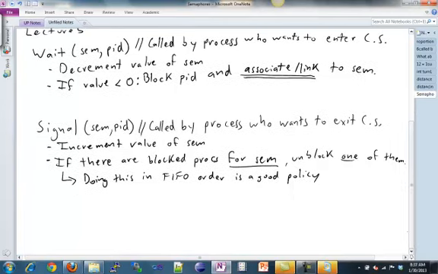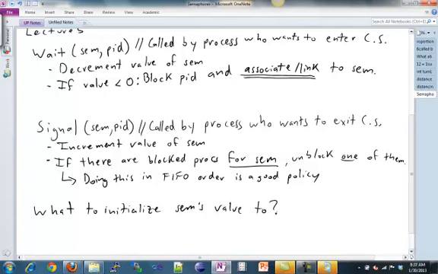A question a lot of people generally have is, well, what should I initialize my semaphore to? Initialize sem's value. Should it be 1? Should it be 0? Should it be more than 1? Should it be negative?